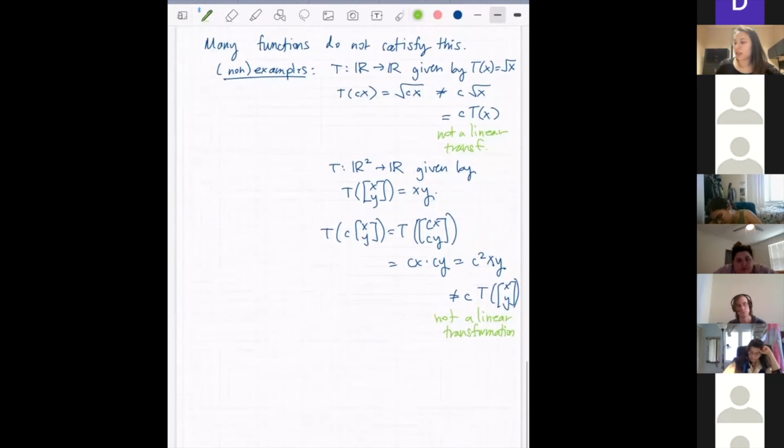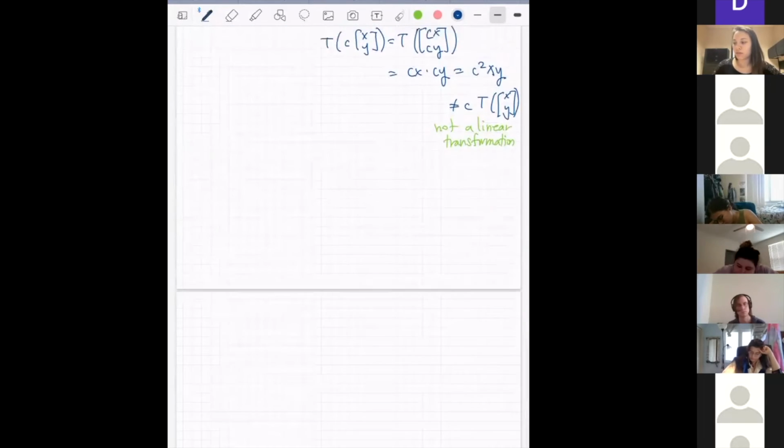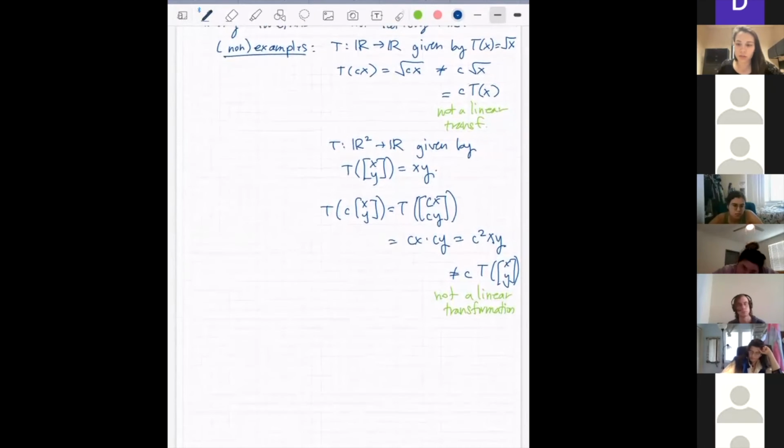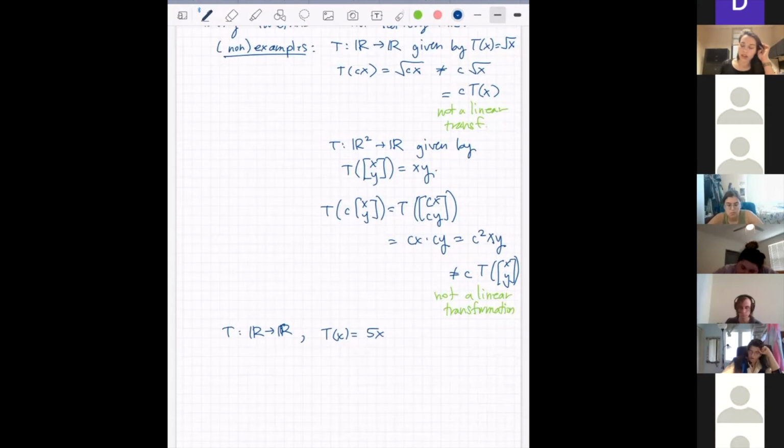And finally, you might guess that linear transformations are like the lines that we know about, y equals mx plus b. Is that a linear transformation? It turns out that sometimes it is. If we look at a function R to R, for example, T of x equals 5 times x, we can check, and this is not a non-example, this is a true example of a linear transformation.